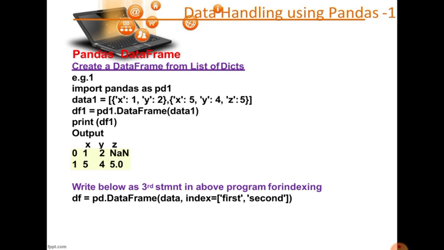Output: x, y, z, 0 1 2 NaN, 5 4 5. Write the below as the last statement in the above program for indexing: df is equal to pd.DataFrame(data, index is equal to ['first', 'second']).